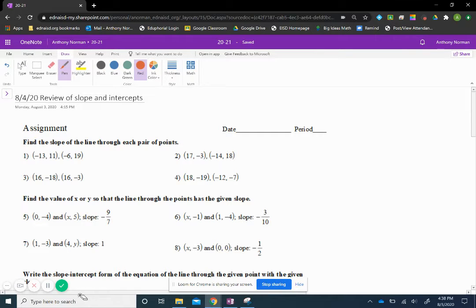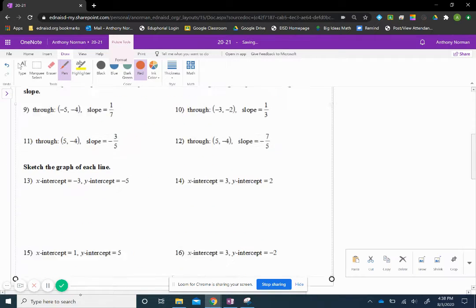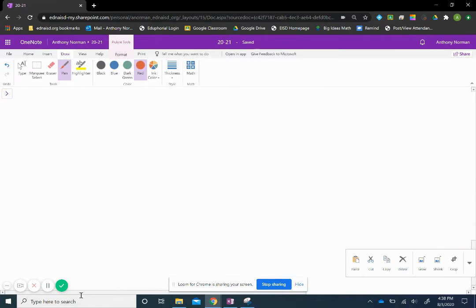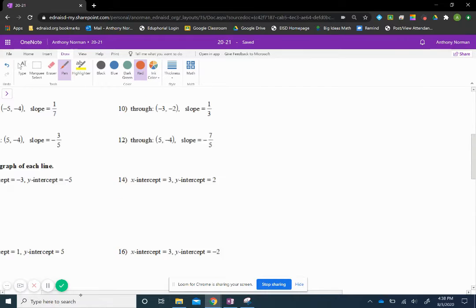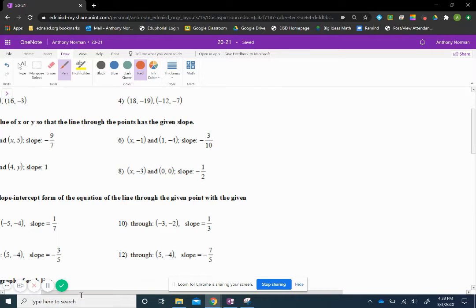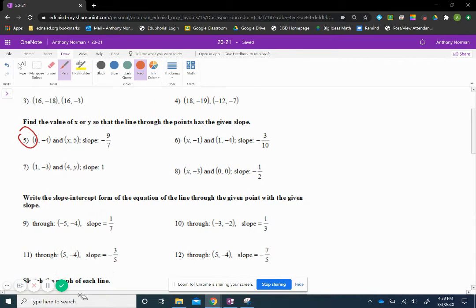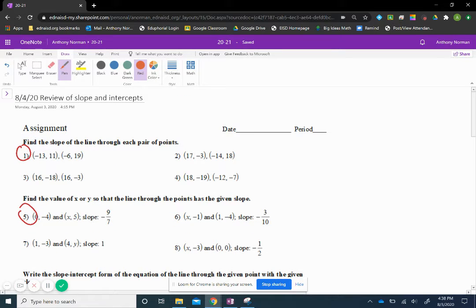So this time we're going to do things a little differently. This page, as you see, is actually the page for your practice problems. What's different this time is that I'm going to be working the first of each problem type.